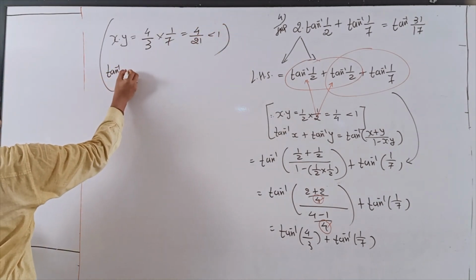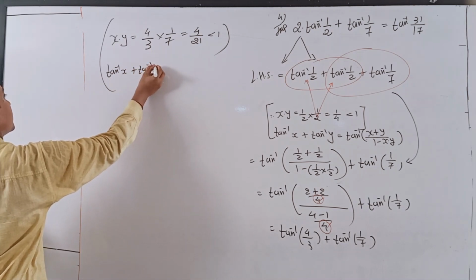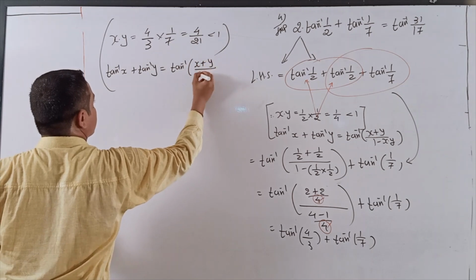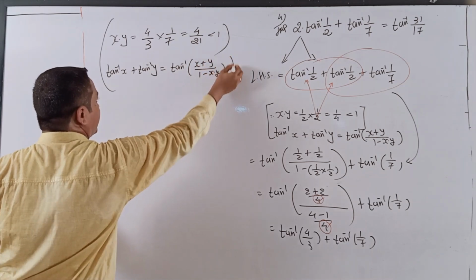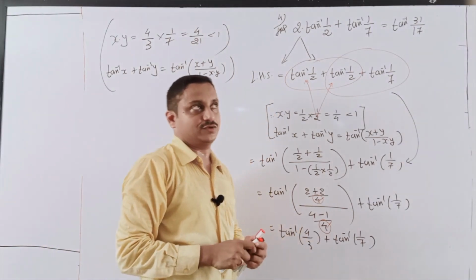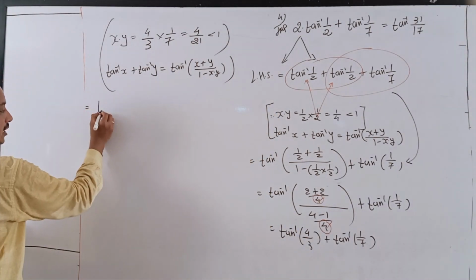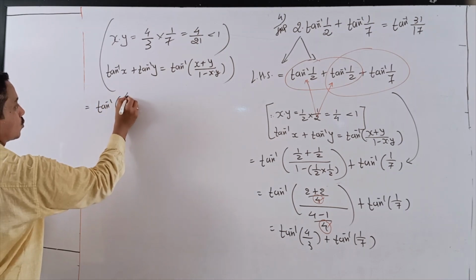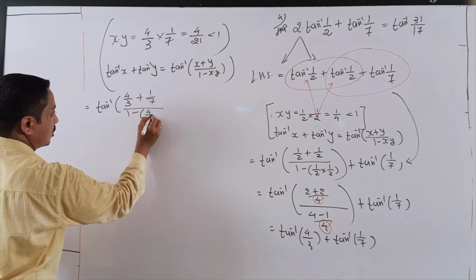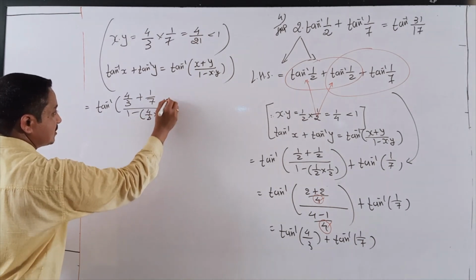So tan inverse x plus tan inverse y, which is (x plus y) by (1 minus xy). Again I apply in between that two data. Yes, students. So finally done, tan inverse (4/3 plus 1/7) by (1 minus 4/3 into 1/7).